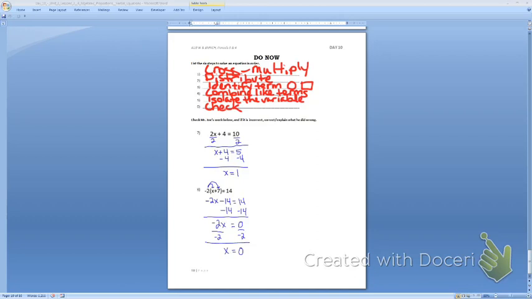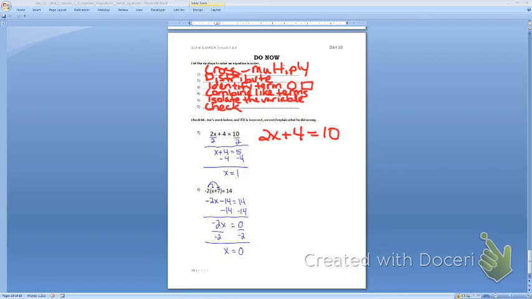So in the first example, the question reads 2x plus 4 is equal to 10. So I need to solve this. Change colors here so you can see how I solve it. I do not need to cross multiply. I don't need to distribute.